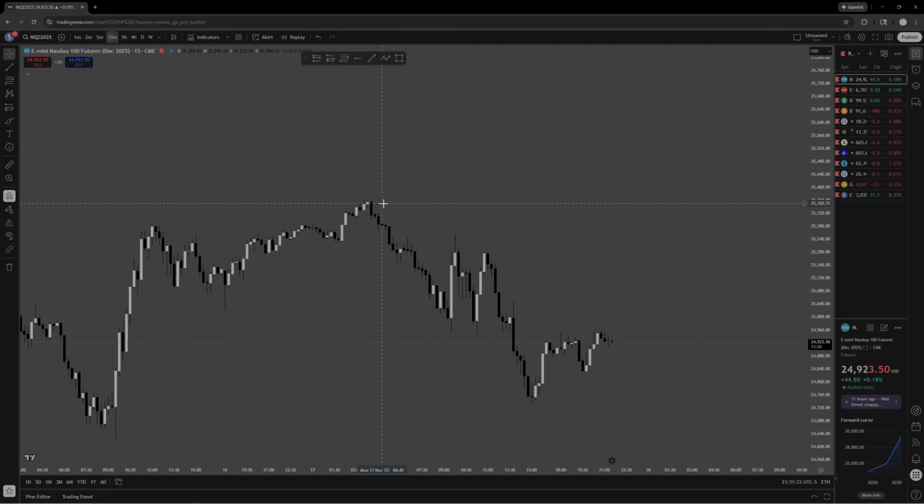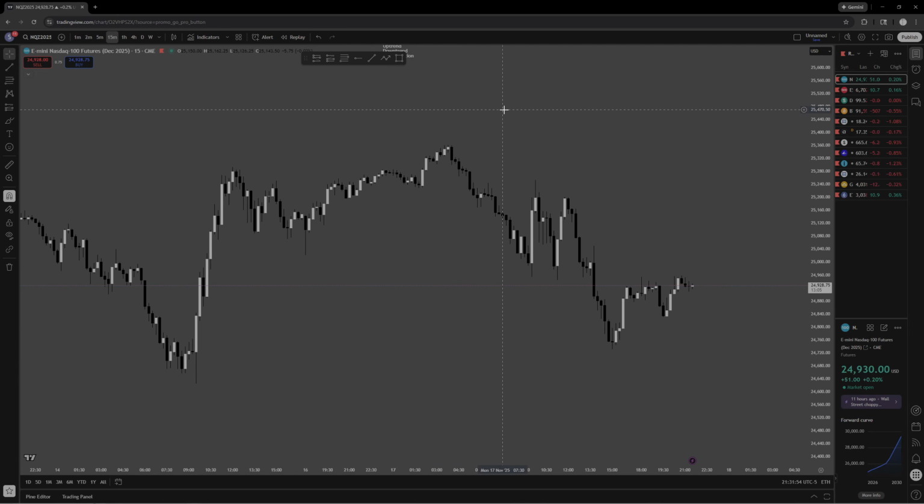There are 3 types of trends per se. There's an uptrend, there's a downtrend, and then this one isn't so much a trend, but we also have a phase of accumulation. So let's start with an uptrend.